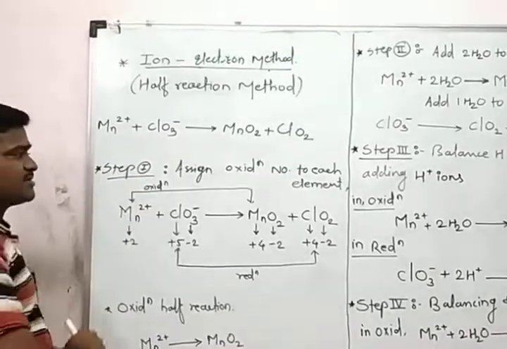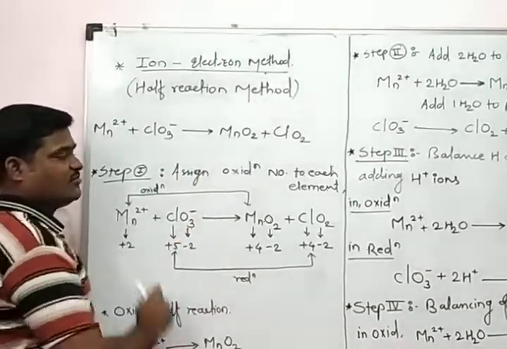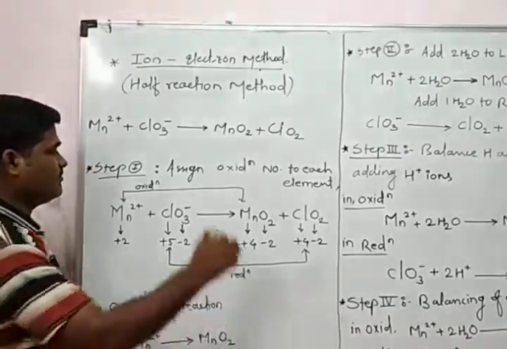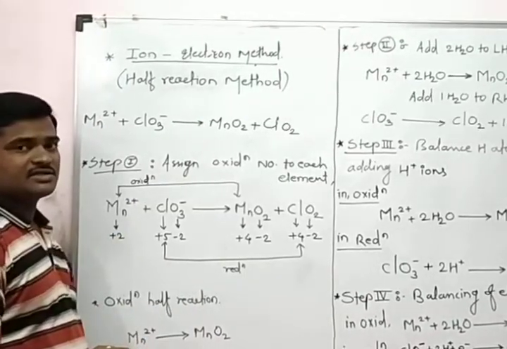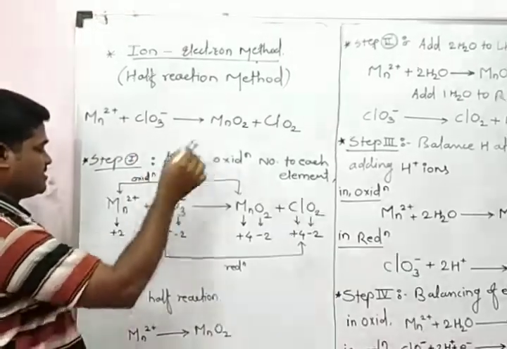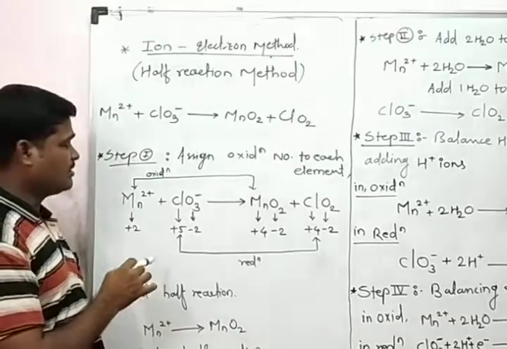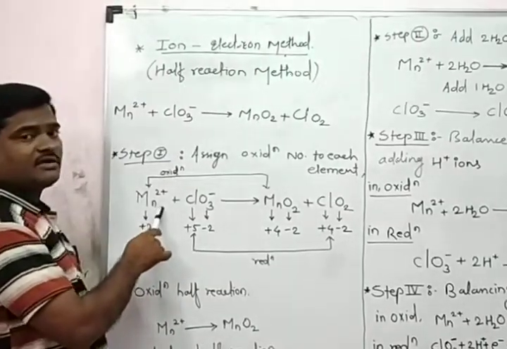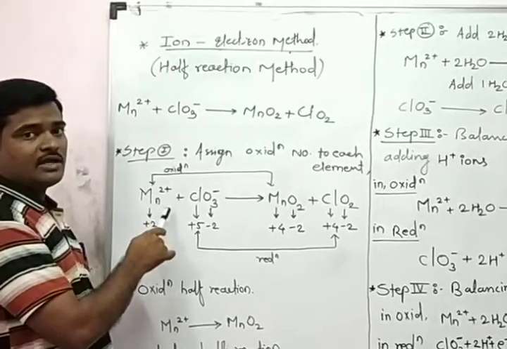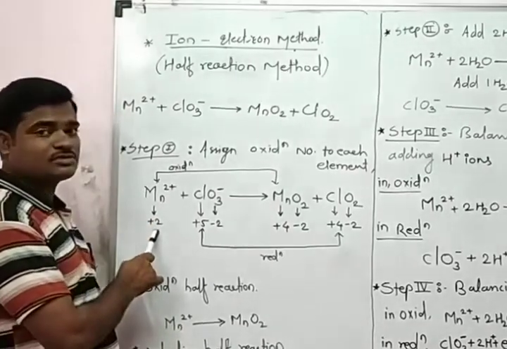Now in step first, we have assigned the oxidation number to each element. In this given redox reaction, there are many elements, and to each and every element we have to assign the oxidation number. For example, here Mn is in ionic state, so the oxidation number of manganese is +2.